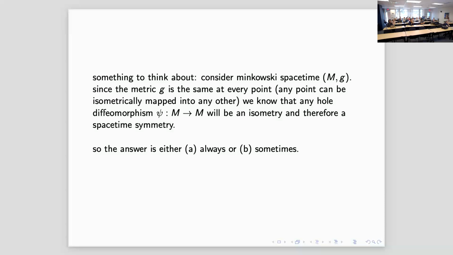So we know that the hole diffeomorphism will be an isometry and therefore a spacetime symmetry. So if you've got a hole diffeomorphism being a spacetime symmetry on Minkowski spacetime, then you know the answer is either A or B. It can't be C, never, right? So this is your chance to think about this little argument and see if you want to change your answer to A or B.